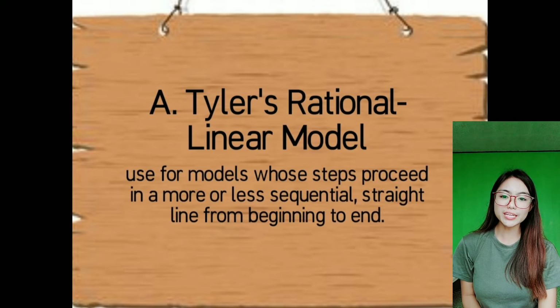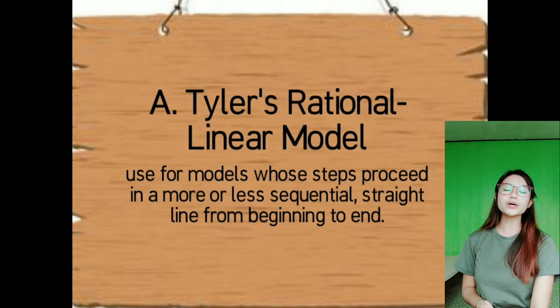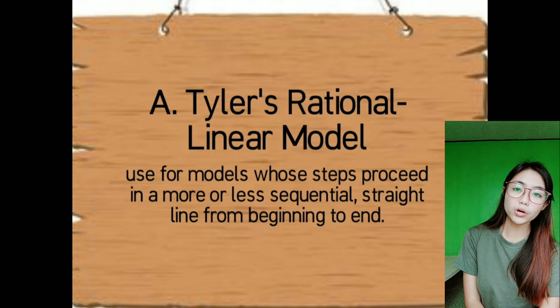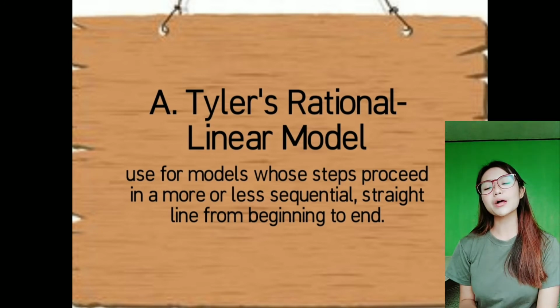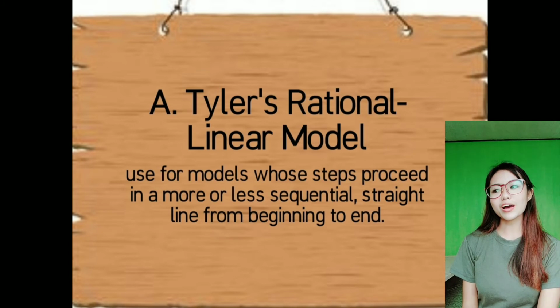Tyler's rational linear model is used for models whose steps proceed in a more or less sequential, straight line from beginning to end. This model has steps to follow and a process from the beginning to the end.